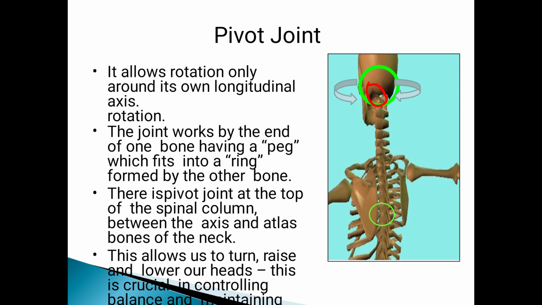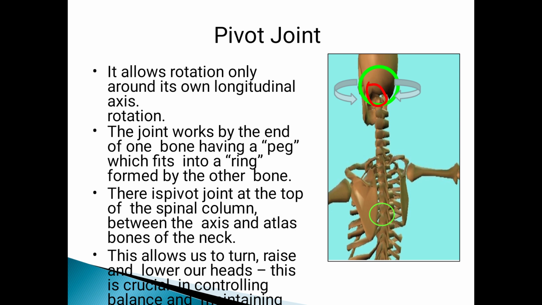This joint is also monoaxial, that is uniaxial like a hinge joint, because it allows rotation only around its own longitudinal axis.